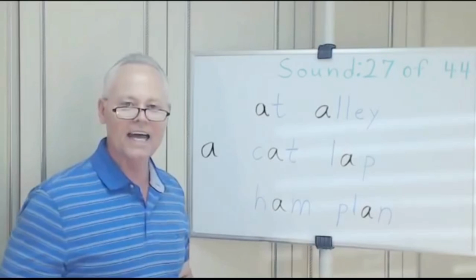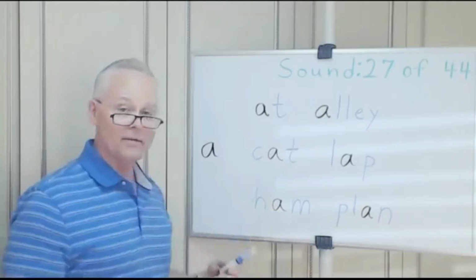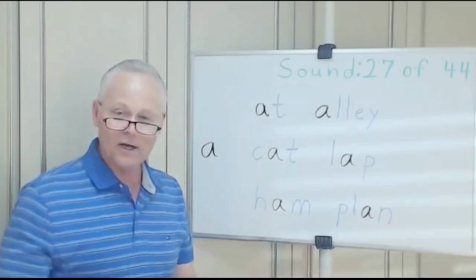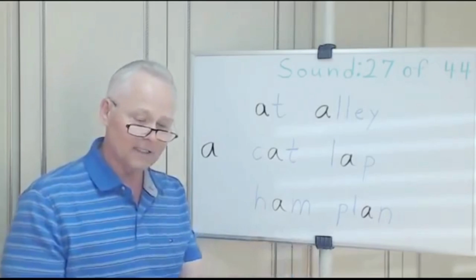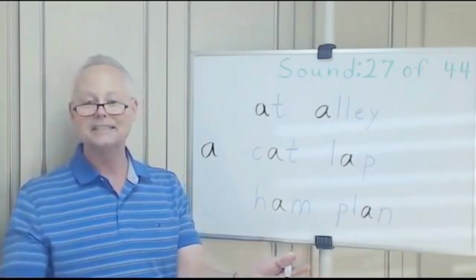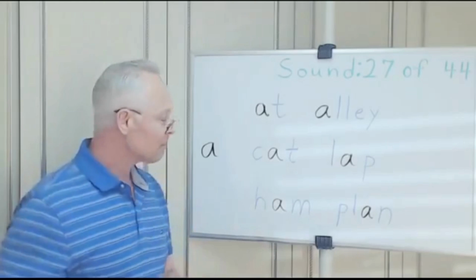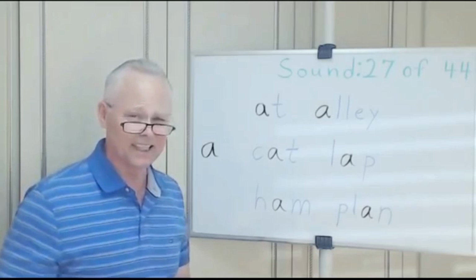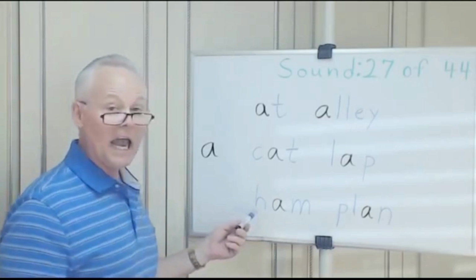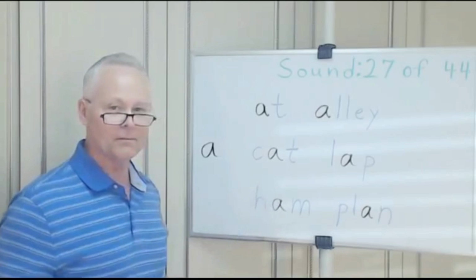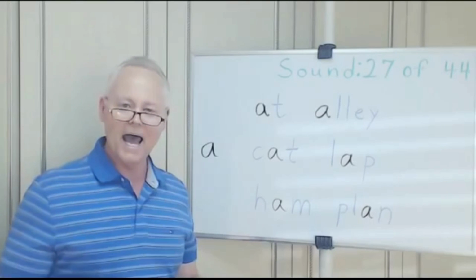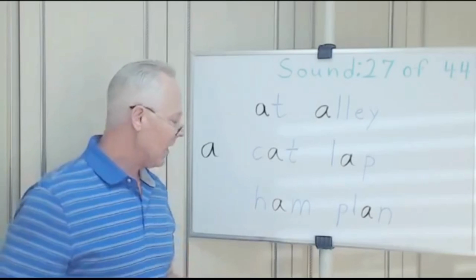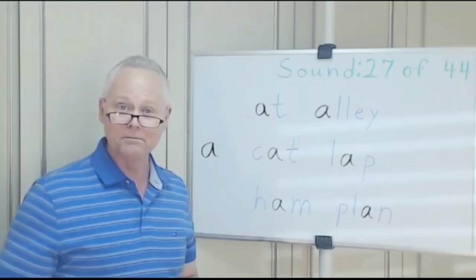How about the word cat? C-A-T. Cat. Do you have a cat? Cats and dogs fighting? A cute little cat. When it was small, it was a kitten. Now it's a cat. Does your cat shed a lot? I don't like that. Okay, ham. H-A-M. Ham. Okay, now, what is ham?